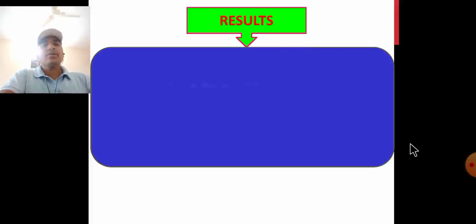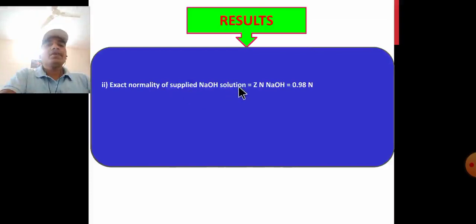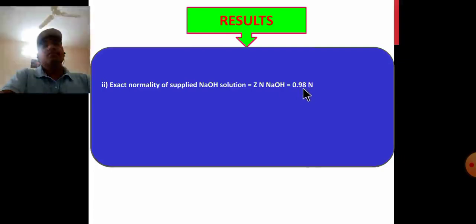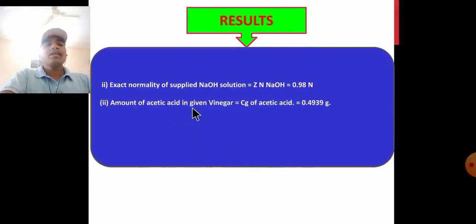Result of this experiment. First result, the exact normality of the supplied NaOH, Z normal, is 0.098 normal. Second result, the amount of acetic acid in the given vinegar is C gram, that is 0.4939 gram.